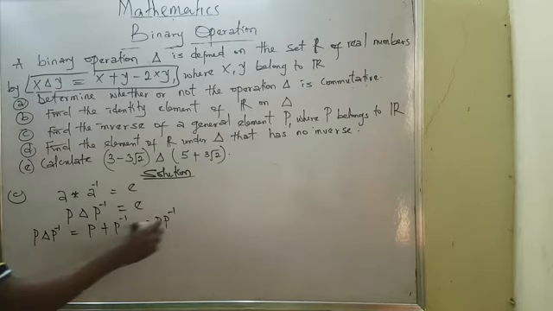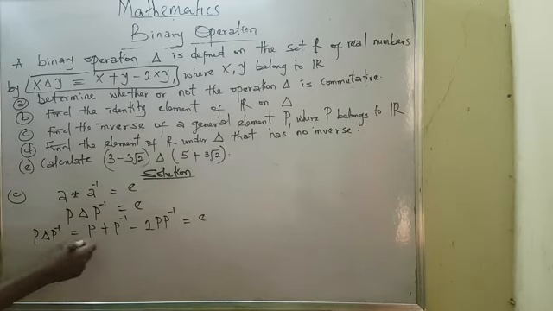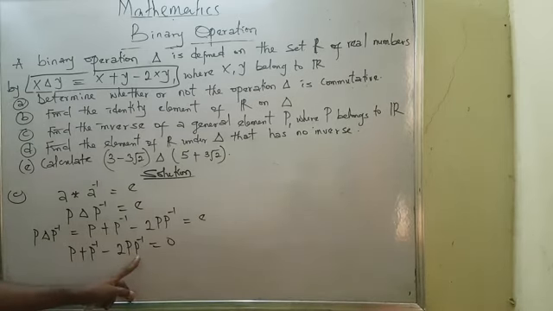And of course, this is supposed to be equal to our identity element. So I can now write P plus P inverse, the inverse of P, I mean, then minus 2P P inverse equals 0. Don't forget we are looking for our inverse, and this guy is our inverse.